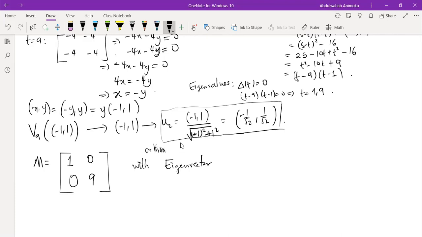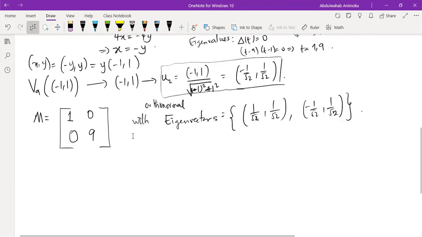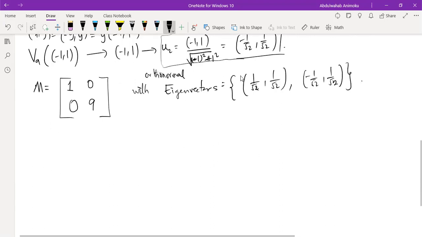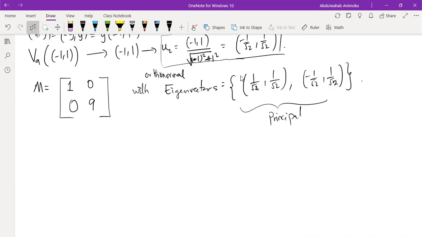So let's write the orthonormal eigenvectors, where the first one is (1 over root 2, 1 over root 2), and the second one is (-1 over root 2, 1 over root 2). Now this is called the principal axis. So this answers the other problem. This is the principal axis for the new coordinate system.